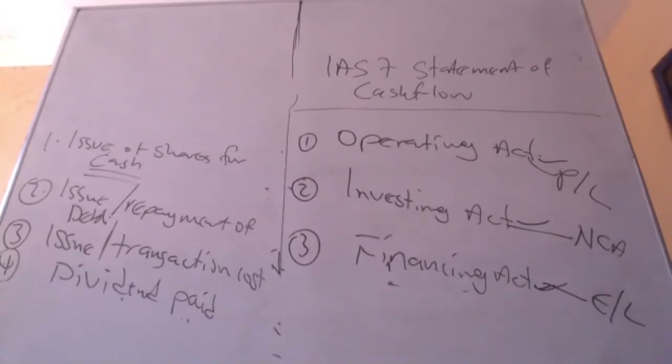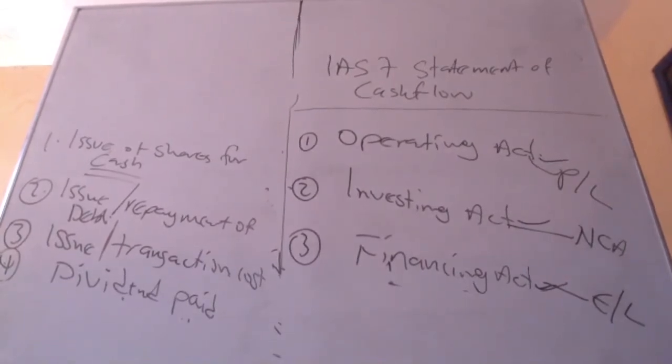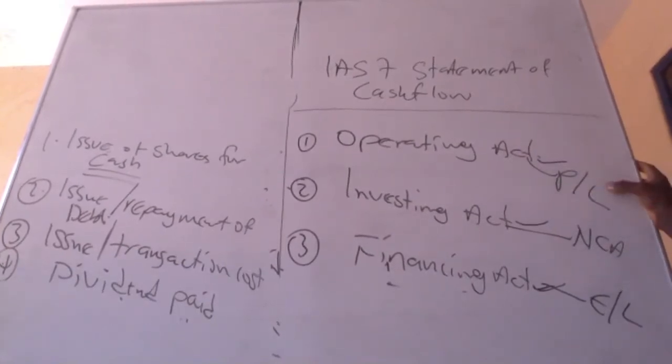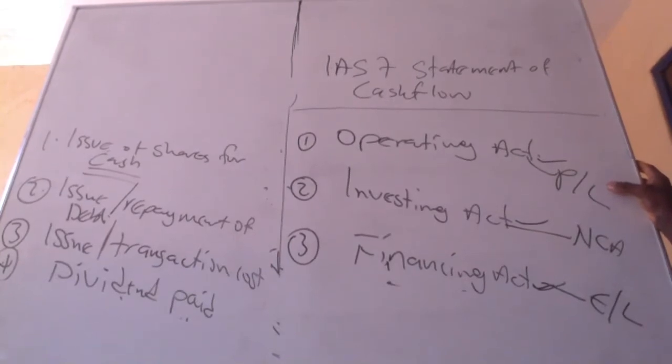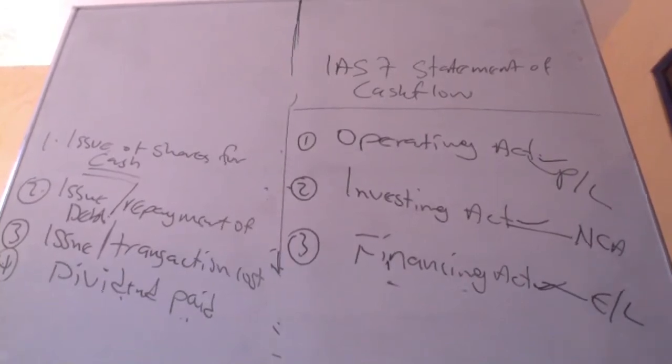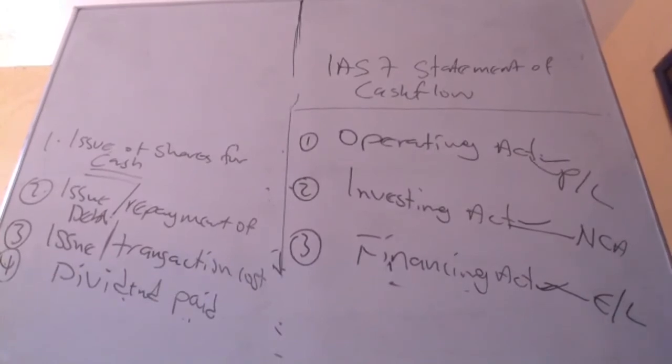How? Profit and loss, the profits, operating activity, declare the performance. Invest in non-current assets, financing, equity and liability. Equity and non-current liability, then we are done. So that is it.